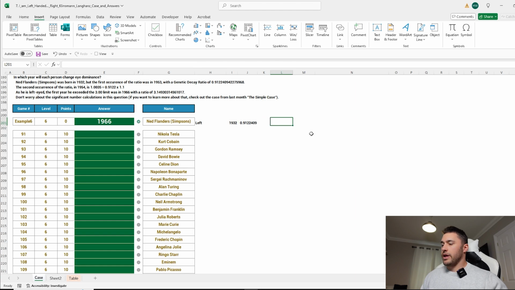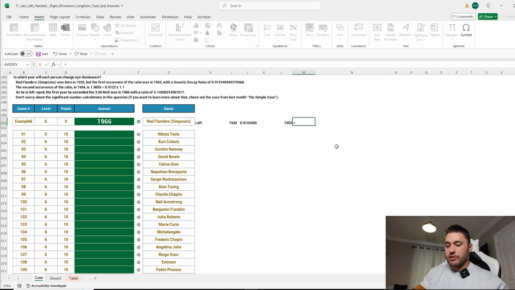Okay, so now we have this plus 21, that's when it's going to start. And then we want to add on the number of years it takes for this to grow to meet either 3 or 7. So let's first put our 3 or 7. So if this equals left, then 3, otherwise 7.